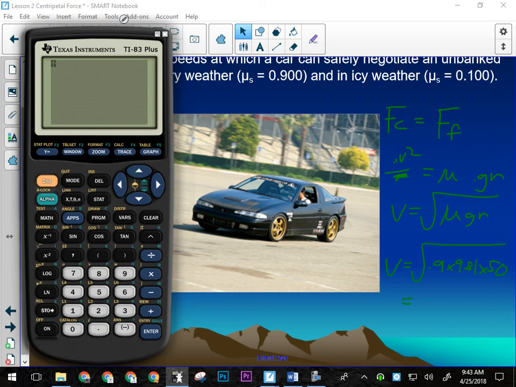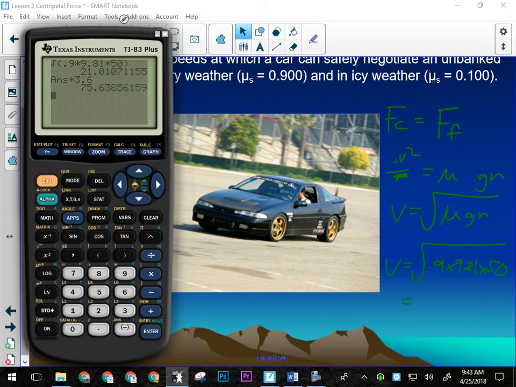So square root of 0.9 times 9.81 times 50 meters. All right, so under ideal conditions, the car can take this corner at 21 meters per second, which is fairly fast. 75 kilometers an hour, right? It's only a 50-meter corner. It's about the same as the track out there.